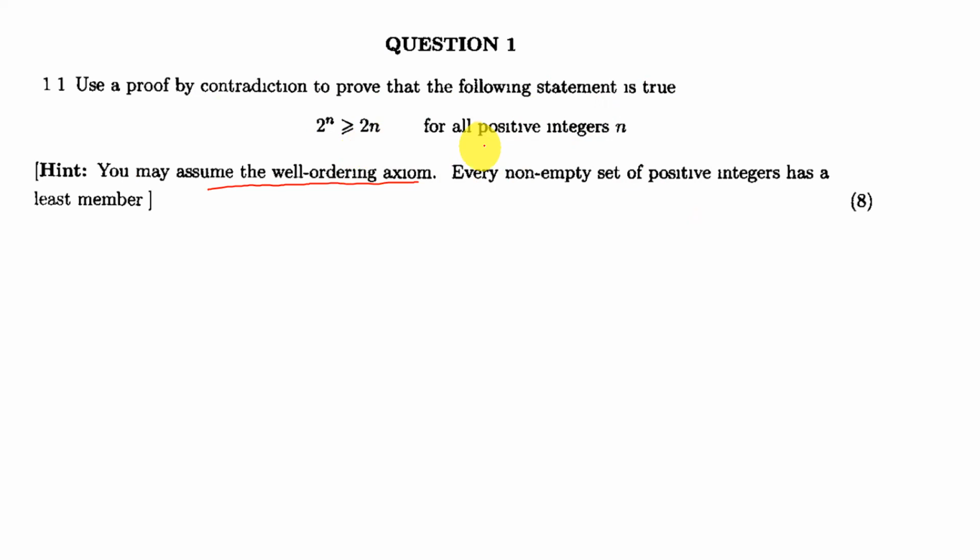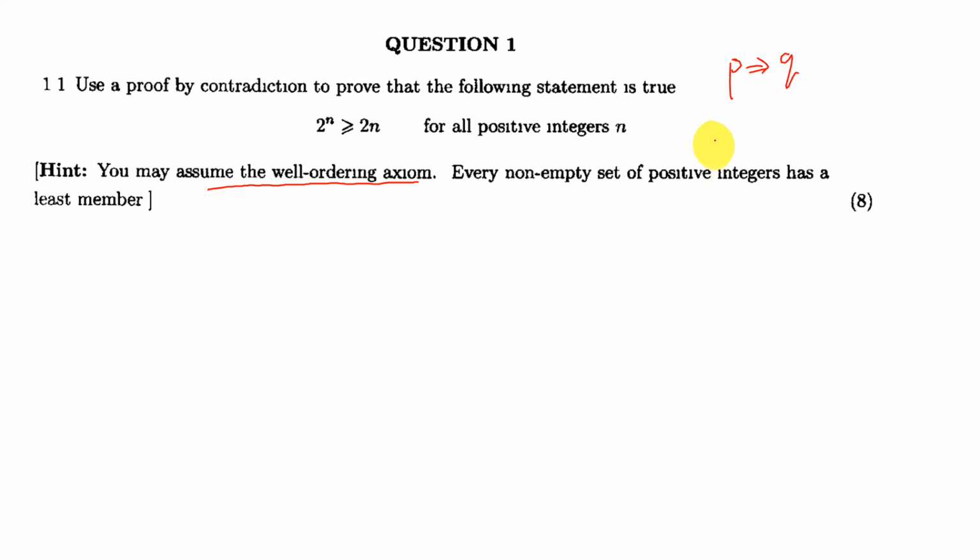A proof by contradiction says that you assume you have a statement that has P implies Q. And so now you then assume that it is false.